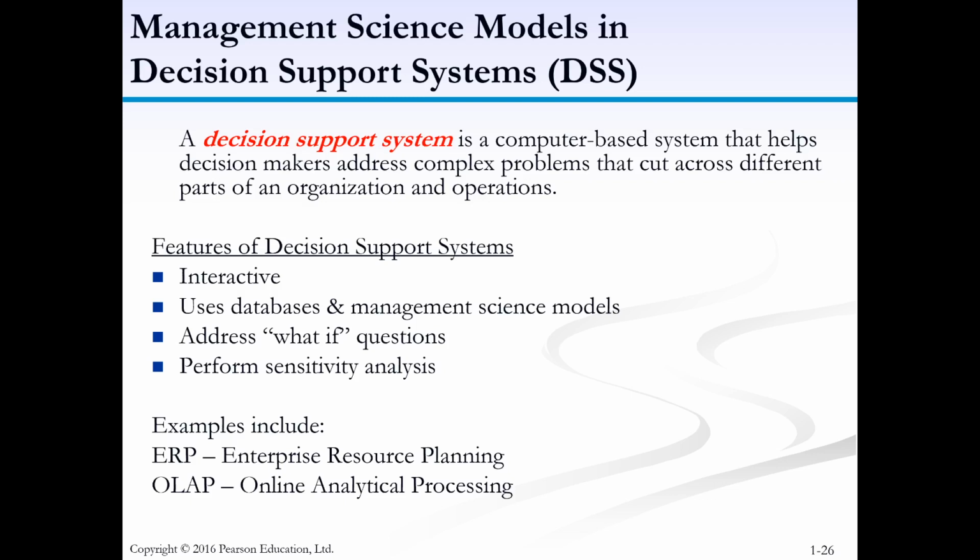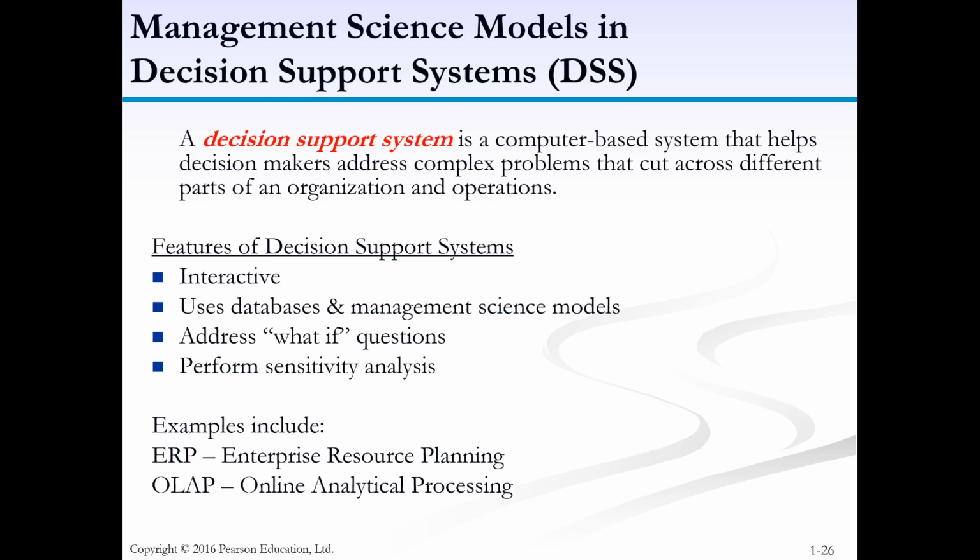Just to give you an idea about ERP, enterprise resource planning, it's a large-scale DSS, decision support system, that includes a forecasting model to analyze sales data and help determine future product demand, an inventory model to determine how much inventory to keep on hand, and a linear programming model to determine how much material to order and product to produce and when to produce it.